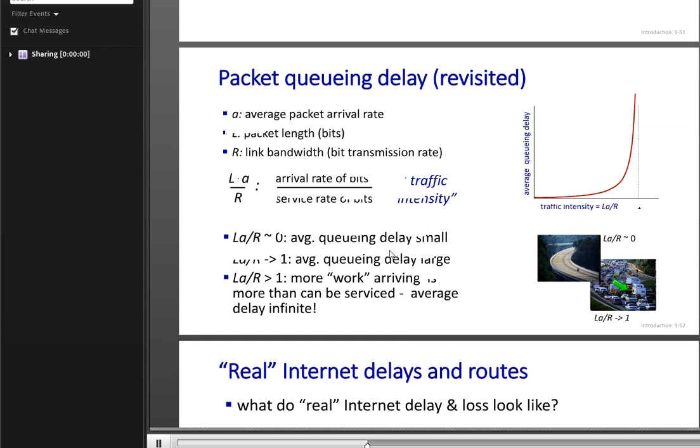I have to tolerate too many delays. Maybe lots of my packets became dropped because of congestion and so on.